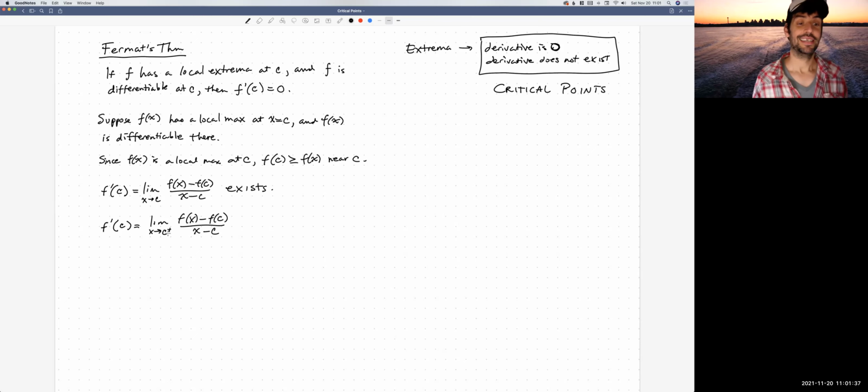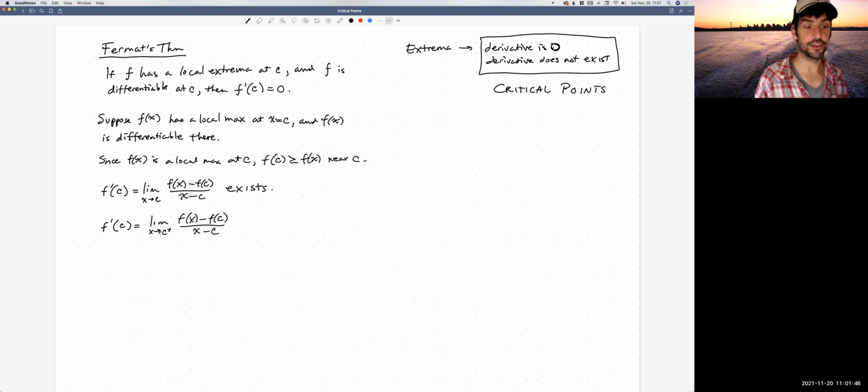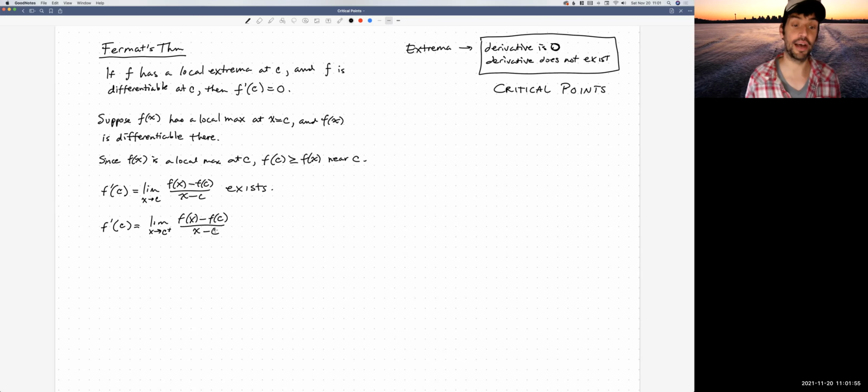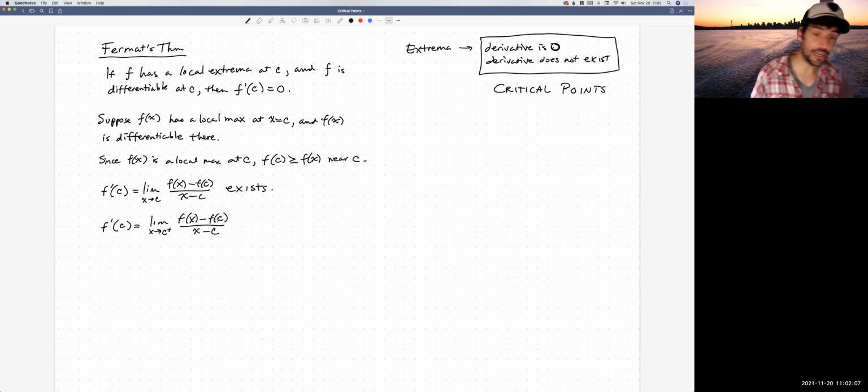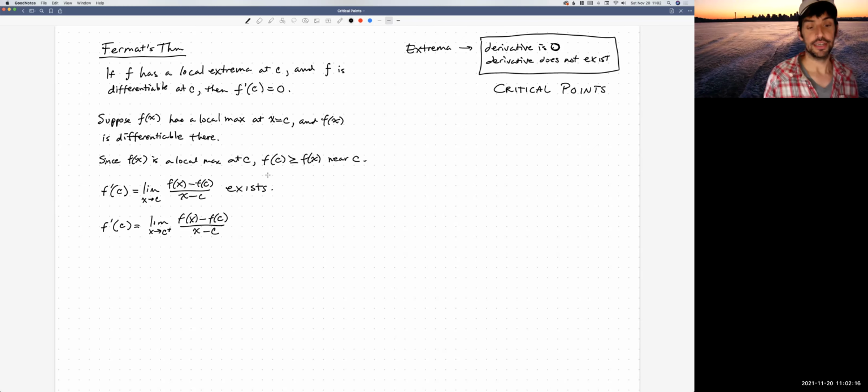If x is greater than c, the denominator x minus c is a positive number. But f of x minus f of c has got to be either 0 or negative, because f of c must be greater than or equal to f of x. If they're equal, it's 0. If f of c is greater, the numerator is negative. So this thing must be less than or equal to 0.